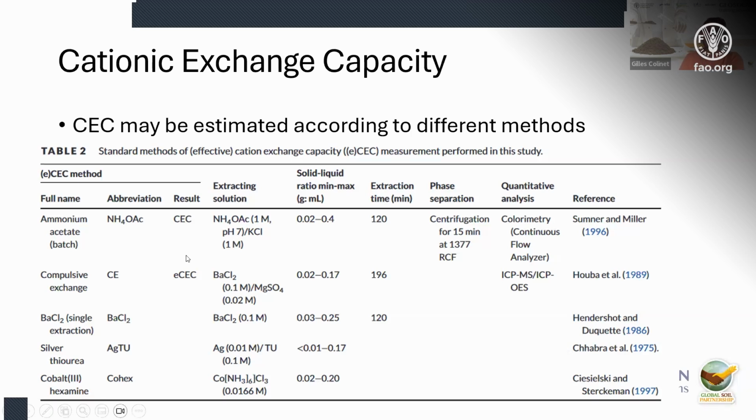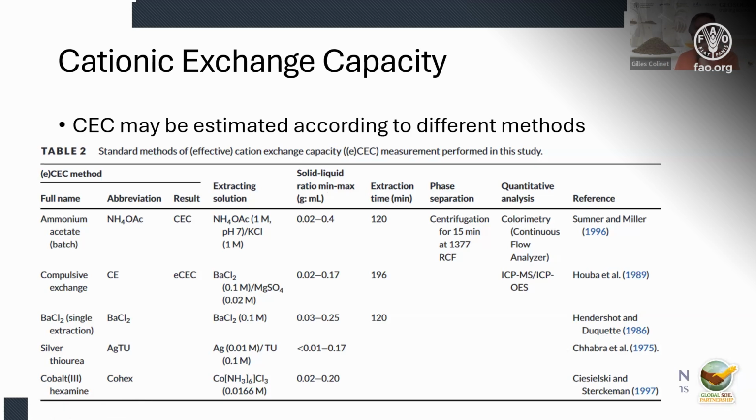And they made a kind of review of what were the most common, and say that you will find the ammonium acetate cation exchange capacity, which is the one presented in the SOP from the FAO.